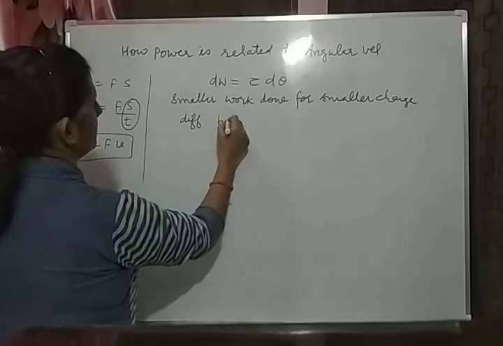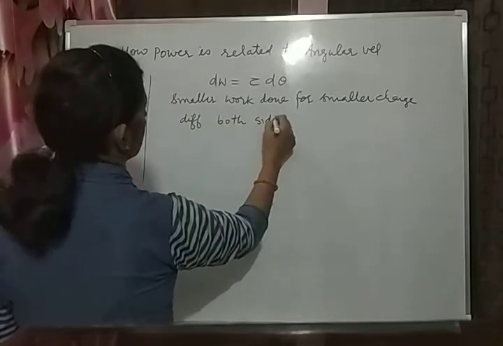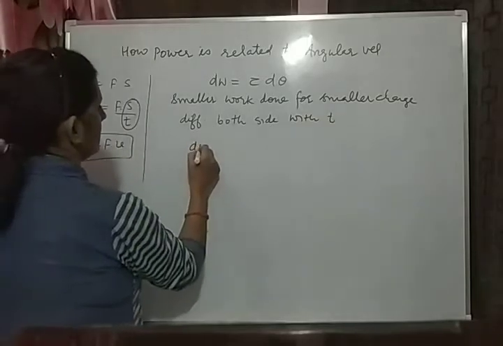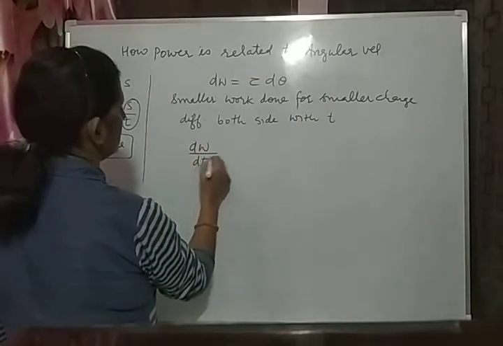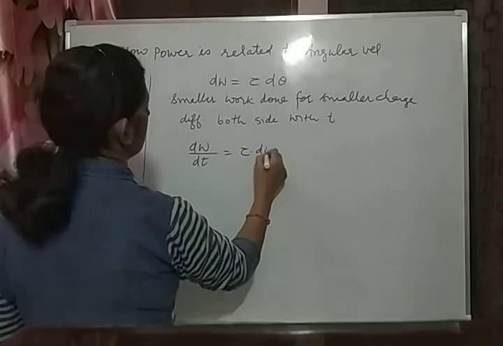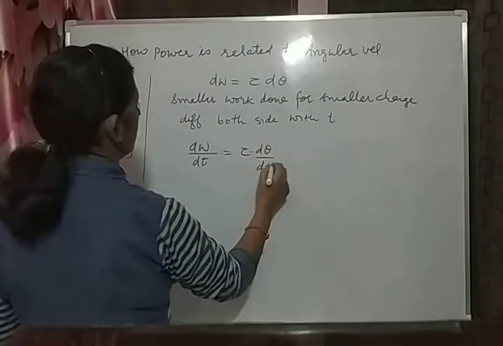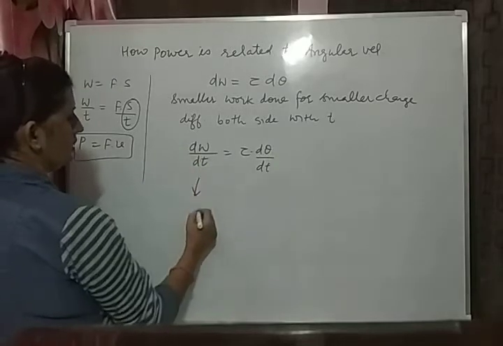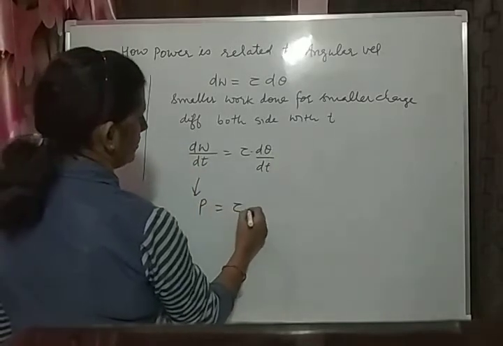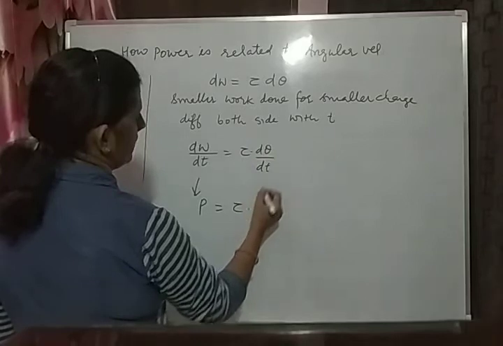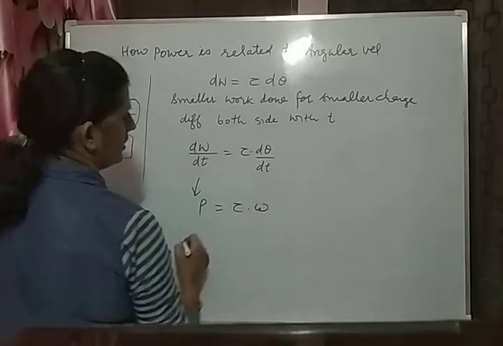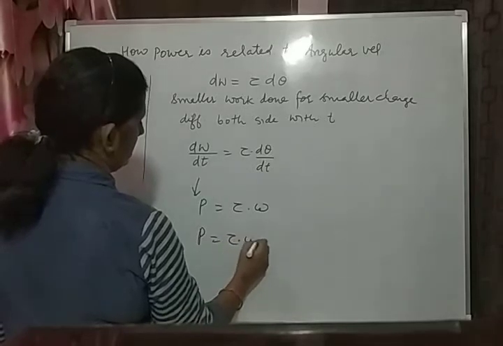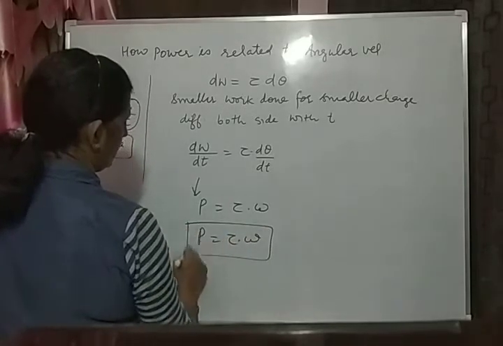Differentiating both sides with respect to time, you will have dW by dt is equal to tau into d theta by dt, and you know this rate of change of work is known as the power. Tau into d theta by dt is omega. So the power is the dot product of torque and the angular velocity.